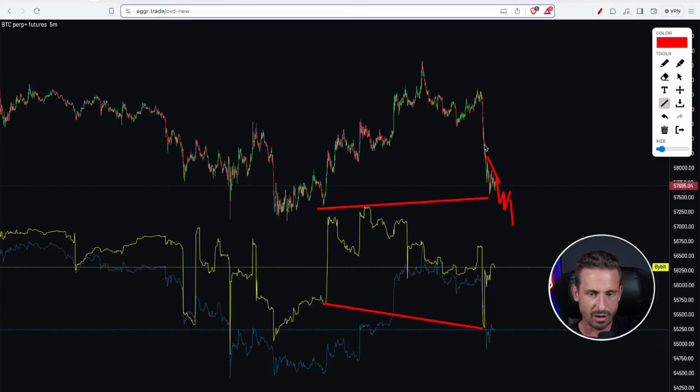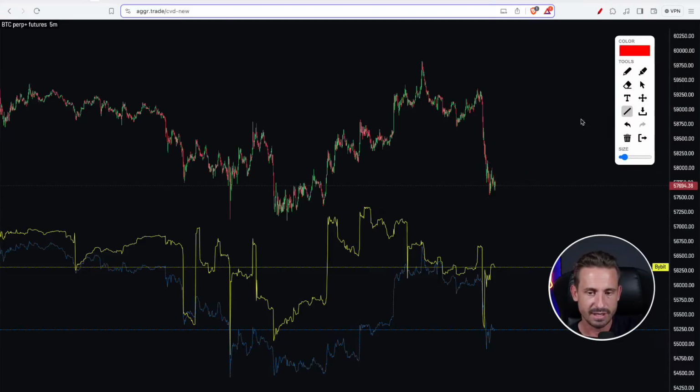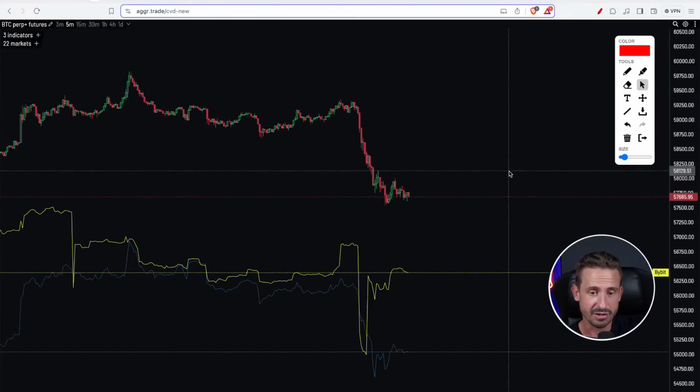We do have a lot of shorts entering at this zone, but it all really counts on what happens next in the next coming minutes and a couple of hours. Because if we do continue to form local bearish CVD divergence like we are doing right now, you're just forming higher highs right now. Look at this massive pump of longs entering here.